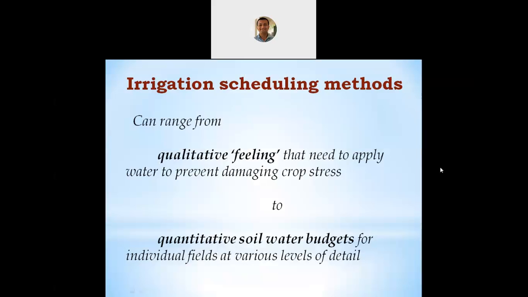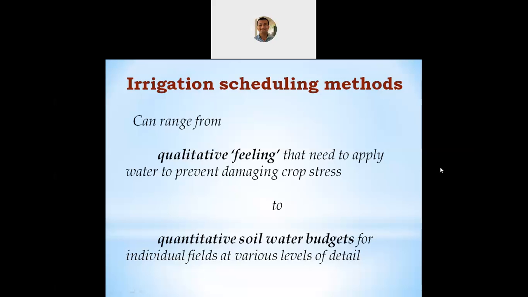Now, the irrigation scheduling methods may range from a qualitative approach to a quantitative approach. The qualitative approach mainly means, based on experience, looking at the soil condition or soil status or the plant growth stage, we may decide when to irrigate and when not to irrigate.